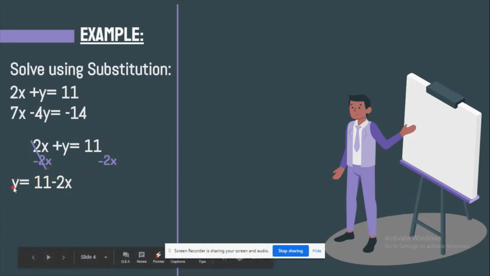The next step is you're going to take that number, the value of y, and plug it back into the other equation, which is here. So it's going to look like this: 7x minus 4 times the quantity 11 minus 2x equals negative 14. Before you get confused, all I did is plug that number in for y.